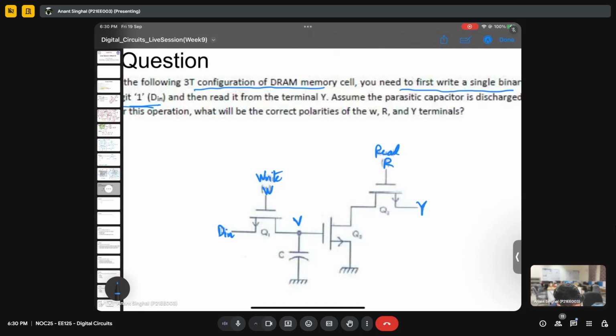To write 1, you need to give W as 1, as I just explained. Once W and D in are 1, this capacitor will get charged to VDD, so this will be 1. Is it clear till here? Please let me know.